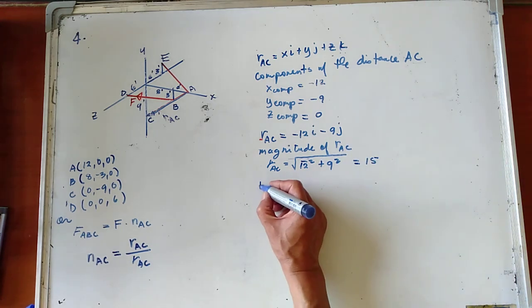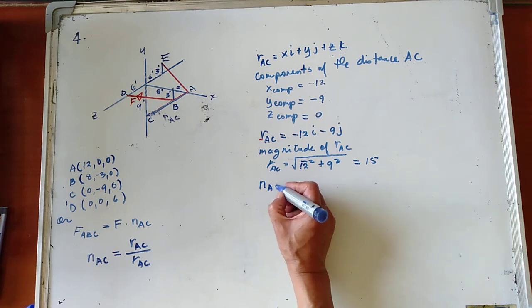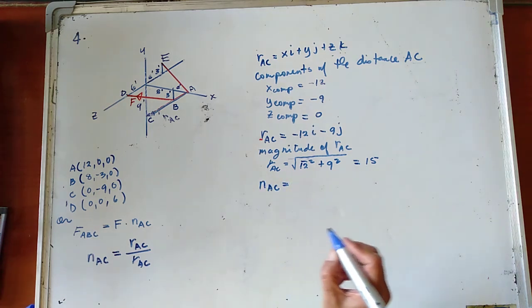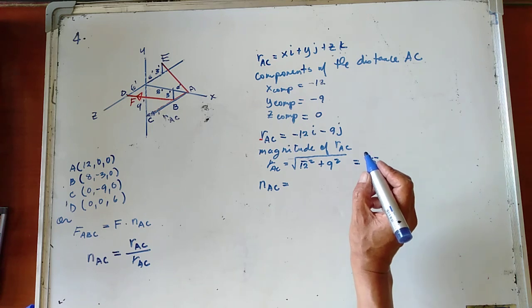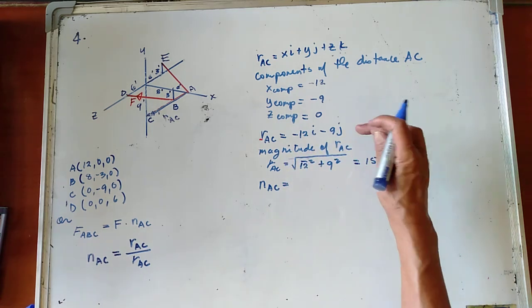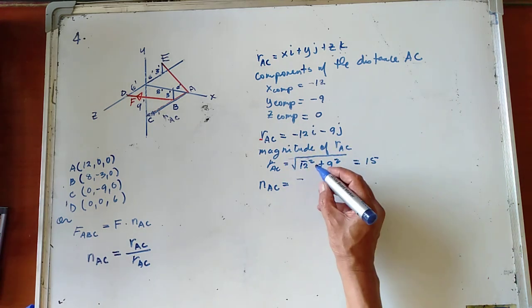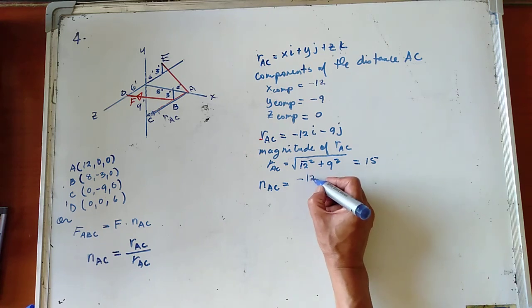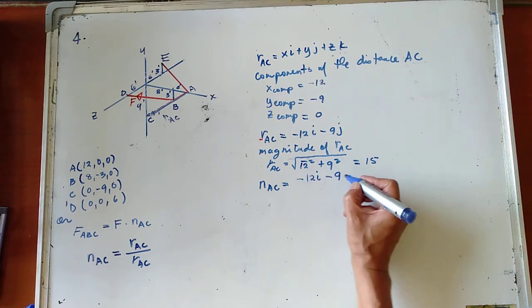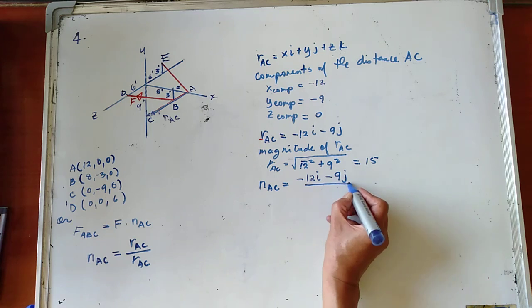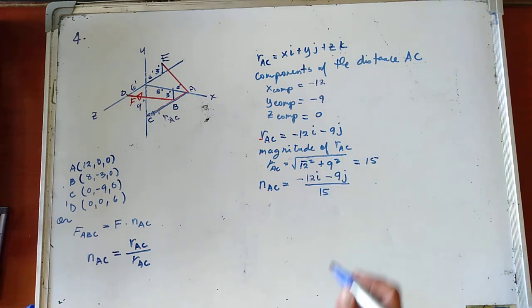Then the unit vector AC is now equal to minus 12i minus 9j, all over 15.